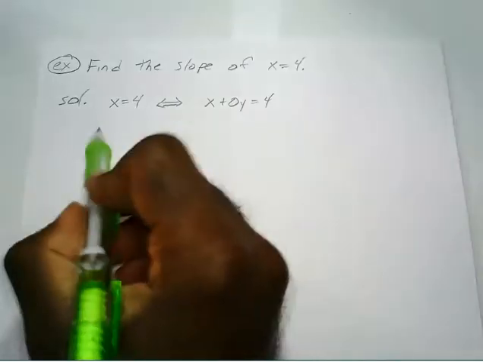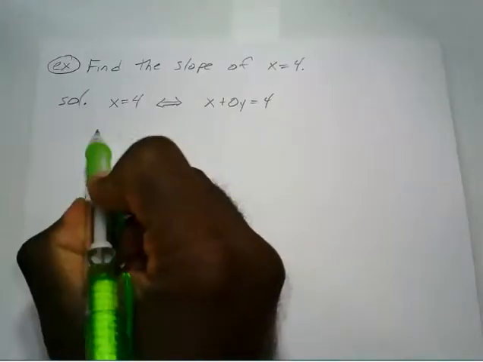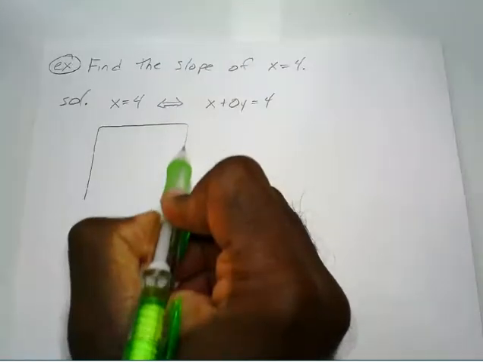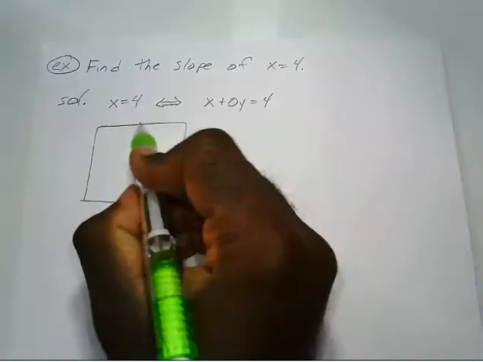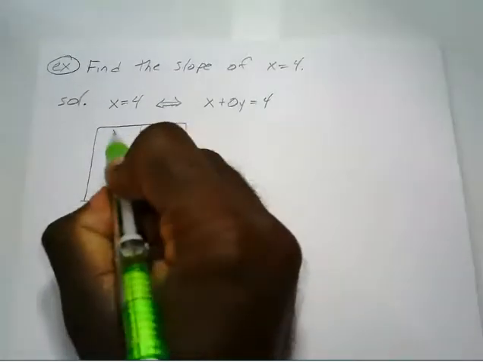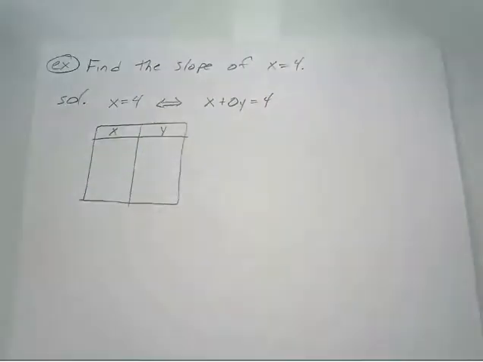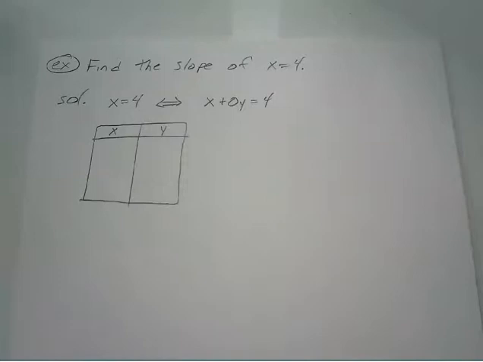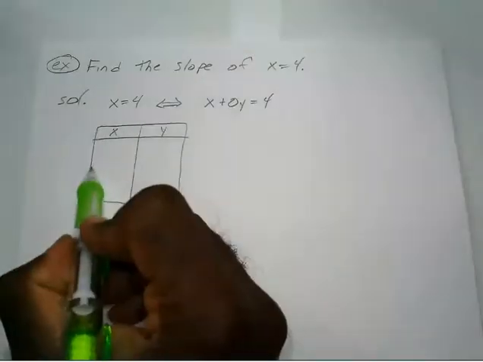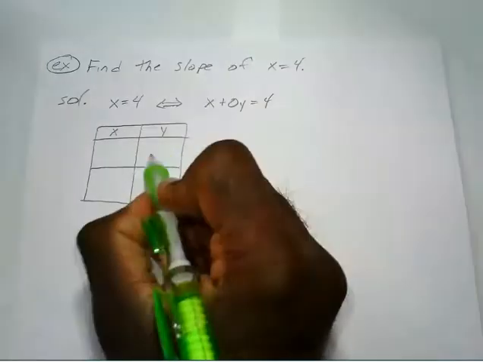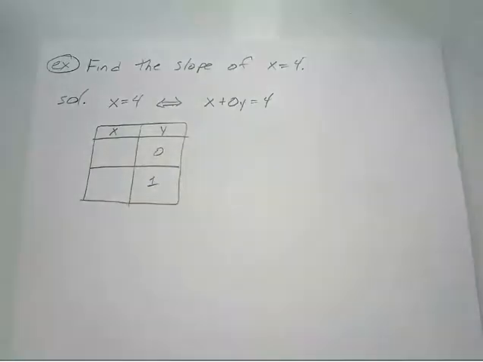Okay, so just like we did before, we're going to make our table where we have our x and we have our y. Before we made x equals 0 and x equals 1. Here we're going to make y equals 0 and y equals 1. Just two values.